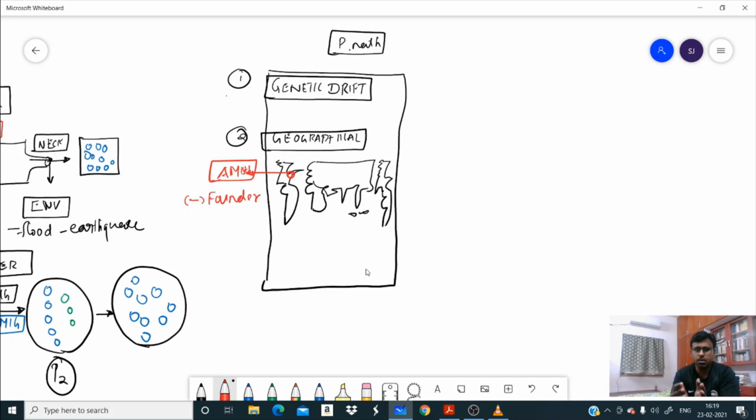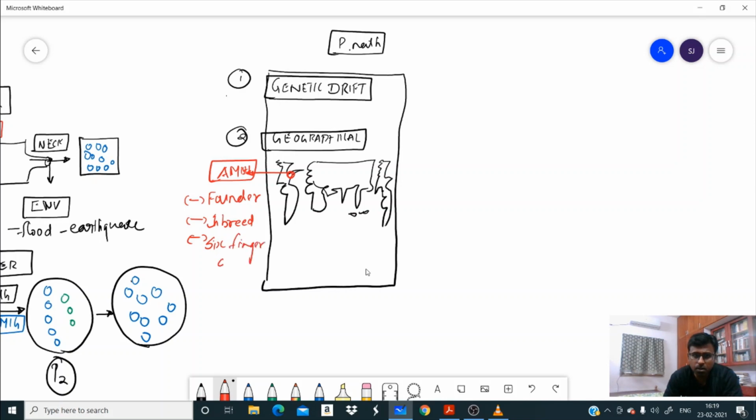That is, the first initial small population selectively migrates to that place, and they breed only among themselves. So inbreeding will be there, and hence the gene, in this case the blue gene, happens to be something called six-fingered dwarfism.